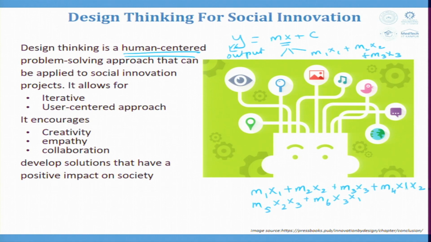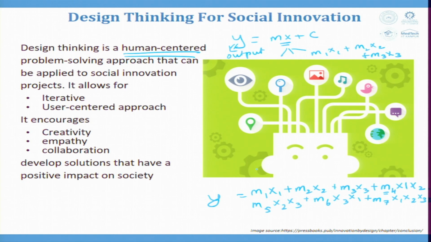Now, you see you have an influence on this, and then later you will have m7 x1 x2 x3. Now, what is the weightage of each individual with respect to the output? You can somehow solve it, but in reality each one will try to have an influence on the other when you try to solve it. That makes it non-linear, that makes it multidimensional.